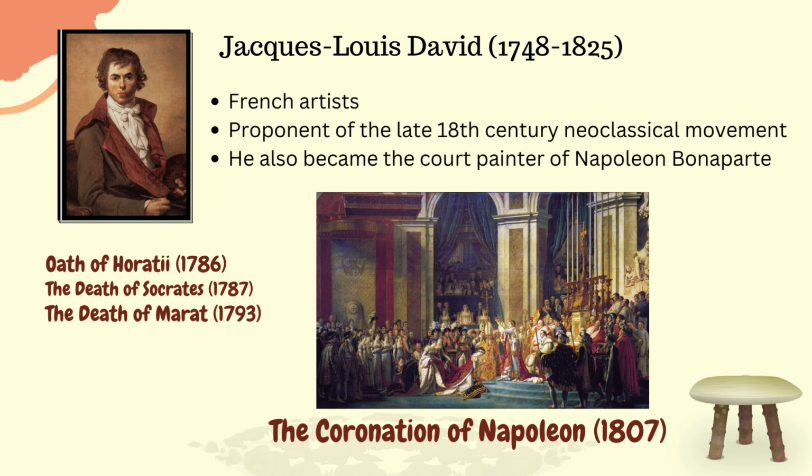He was commissioned for his masterpiece The Coronation of Napoleon, which you see on your screen, in 1807. It is one of his grand masterpieces where he shows the emperor himself crowning Empress Josephine, who is kneeling in front of him, and the pope sitting behind him with several eminent persons in the background.